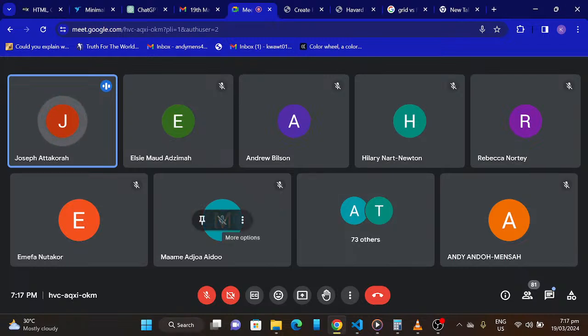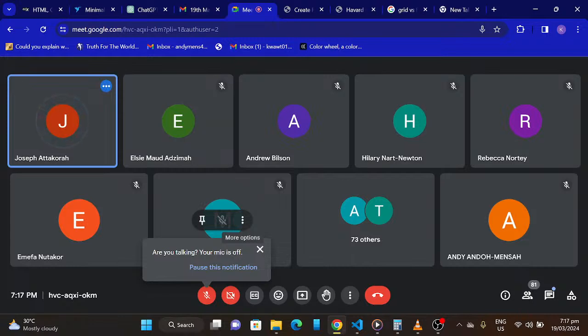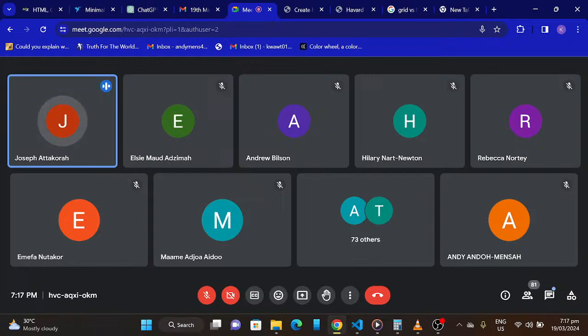Okay, the effect, pH regulation. What will be the effect if you don't regulate the pH? Rebecca, what will be the effect if you don't regulate the pH?